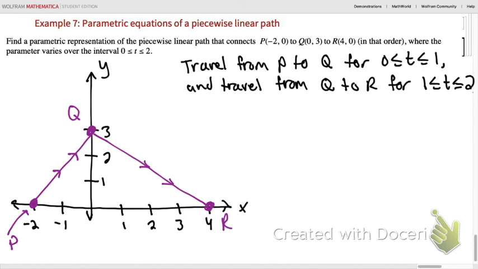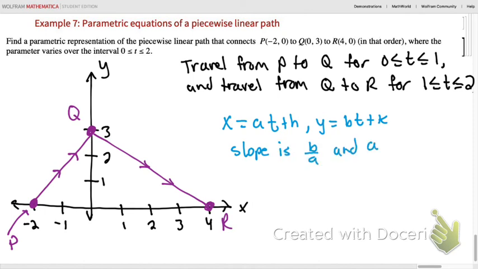Okay, so from P to Q, we need to know the slope of the line, and we need to know our starting point. Here I'll write down the general parameterization in blue again. So generally it's x equals at plus h, y is equal to bt plus k, where the slope is b over a, and at t equals 0, we start at (h, k).